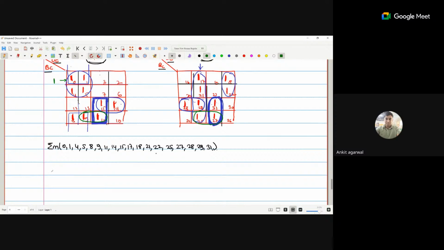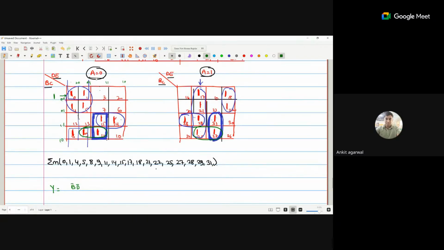The expression for group one: B is constant 0, C is constant 0, so B bar, C bar. But remember that for this matrix, A is also constant. A is 0, so I have to include A always. So A bar, B bar, C bar.